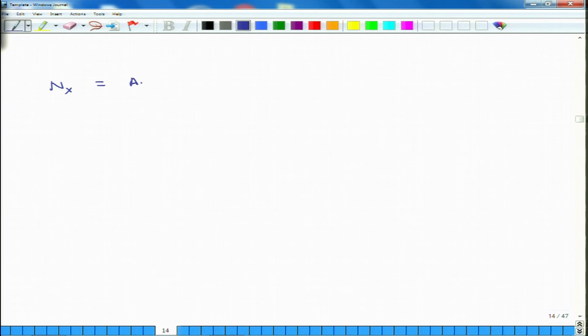Nx is equal to a11 epsilon x naught plus a12 epsilon y naught plus a16 gamma xy naught plus b11 kx naught plus b12 ky naught plus b16 kxy naught.